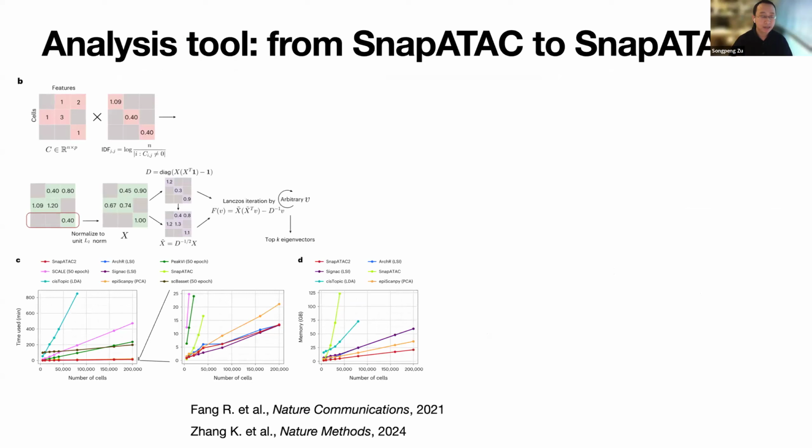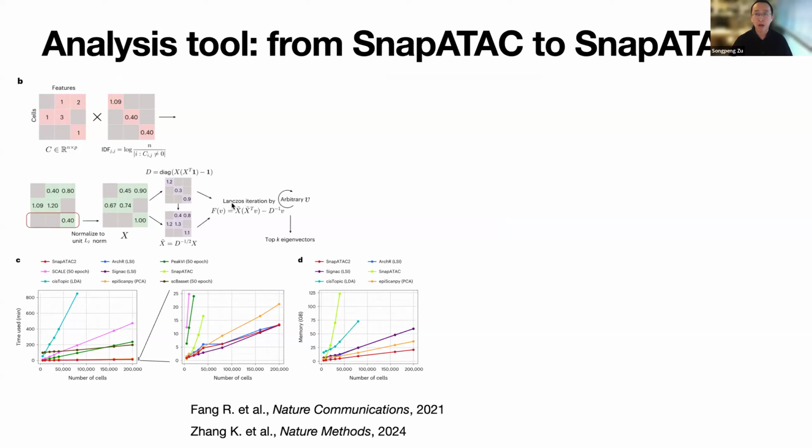We fixed some bugs, and the most important innovation in SnapATAC2 is a new formulation for the representation. We also noted that we can do the eigenvector decomposition in a very memory-reduced way.